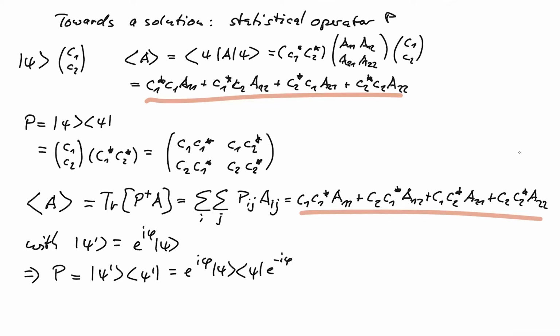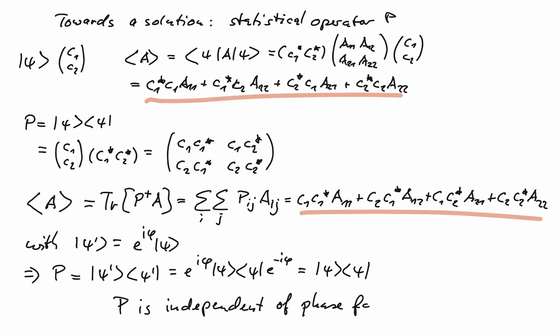And because the e to the i phi factor is just a number of magnitude 1, this is simply psi times psi bra. So rho is independent of any phase factor e to the i phi.